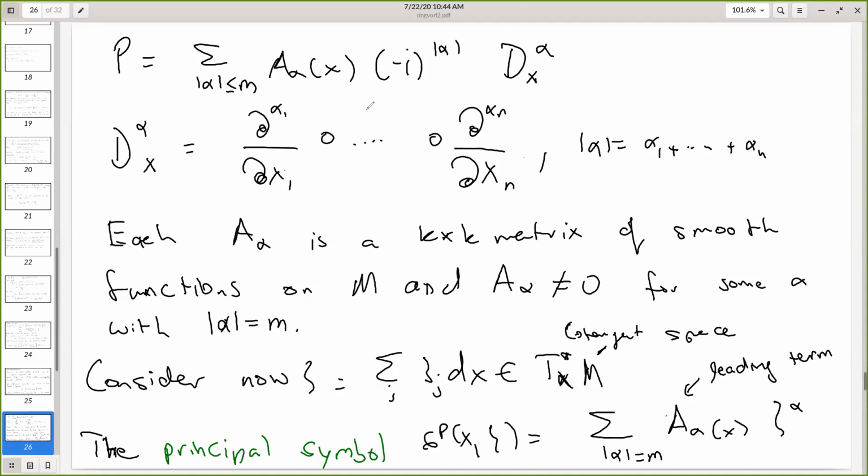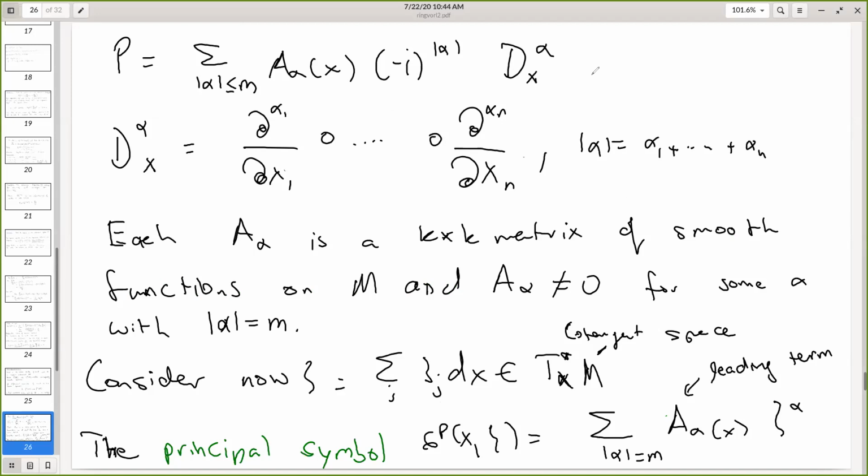And in general, in n dimensions, an n-order differential operator can be written as the linear combination of alpha of x, some functions or some matrices in this case, times minus i to the power of alpha d/dx to the alpha, where this can vary from dx_1 to the alpha_1 to dx_n to the alpha_n, where this is a multi-index.